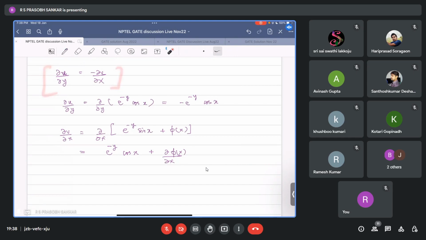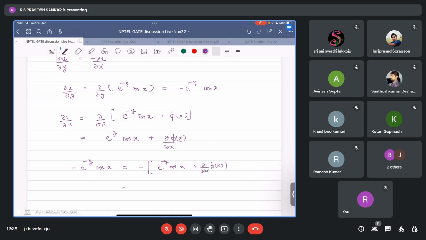Now we have this Cauchy-Riemann equation which says that dou u by dou y is the same as minus dou v by dou x. Equating these, we have minus e raised to minus y cos x equal to the negative of e raised to minus y cos x plus dou phi x by dou x.